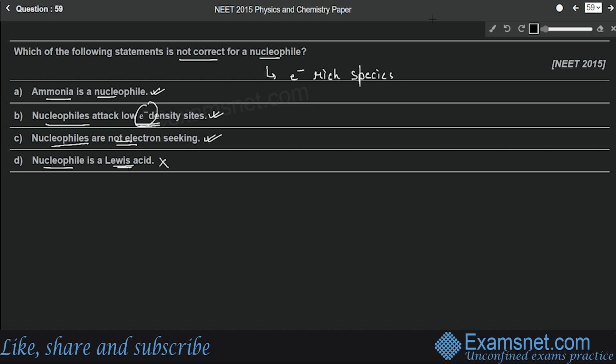So this is incorrect because we know that Lewis acids are electron deficient species. These are electron deficient compounds, not electron rich. But nucleophile is electron rich. That means it is a Lewis base, not Lewis acid. So the last statement is incorrect. That means option D will be the correct answer.